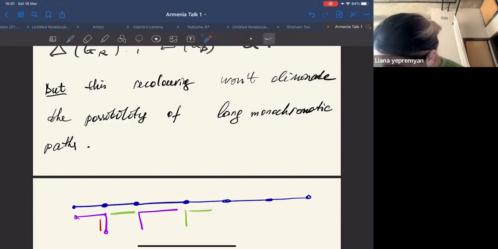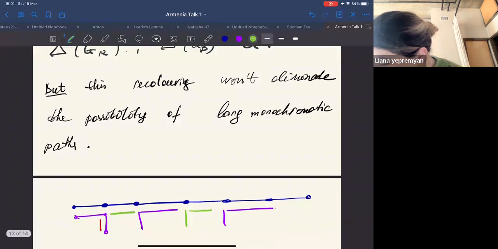So these vertices for me are identical, that's what I'm imagining, and these guys are going out. Each one of these blue edges comes potentially from some red, purple or green path.